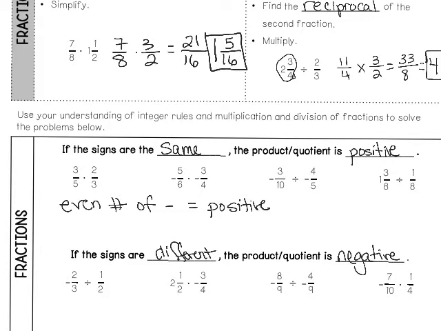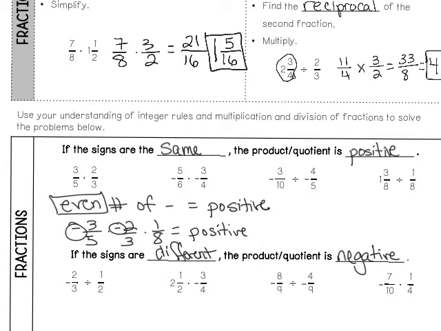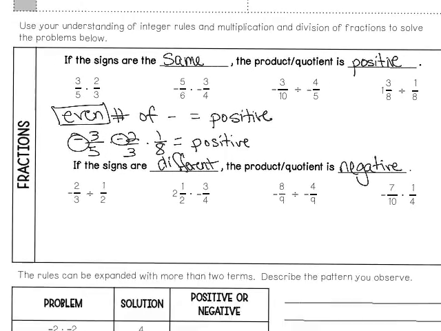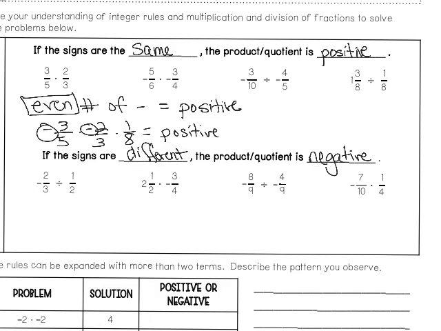So if you have, let's say, the negative 3/5, like you do above there, times negative 2/3 times positive 1/8, the result of that will be positive because there are two negative signs, and that's an even number of them. Therefore, it would be a positive result. Negative times a negative is a positive. You're going to get sick and tired of hearing that. But you're going to hear it a lot.